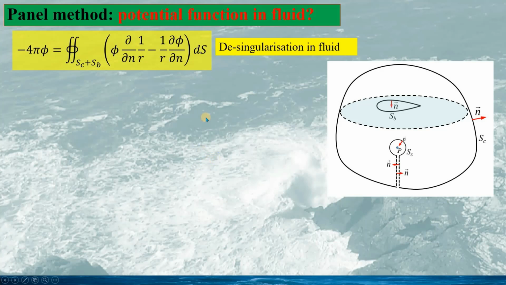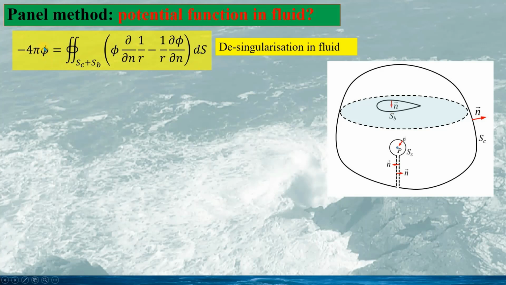Here, we will have a look at how we can calculate the potential function in the fluid once the potential on the boundary SB is calculated. As we have shown before, using the Green's identity in the fluid enclosed by SC plus SB, it is given as this.